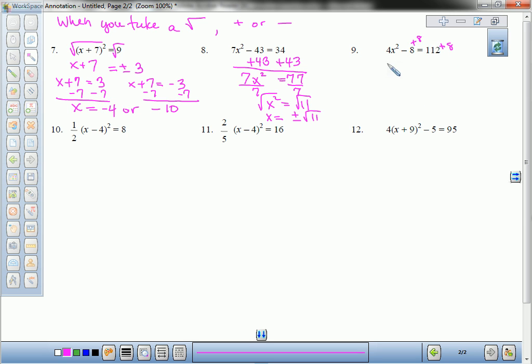All right, this one we're going to add 8 first, and that gives us 120. So then we divide by 4, and we get x squared equals 30. So when I take the square root of both sides, 30 seems like an awful big number. Like a perfect square ought to divide into it, but it doesn't.